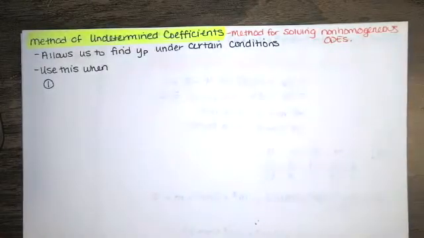This allows us to find y sub p, that's the particular solution to the non-homogeneous ordinary differential equation under certain conditions. So here are the two conditions.